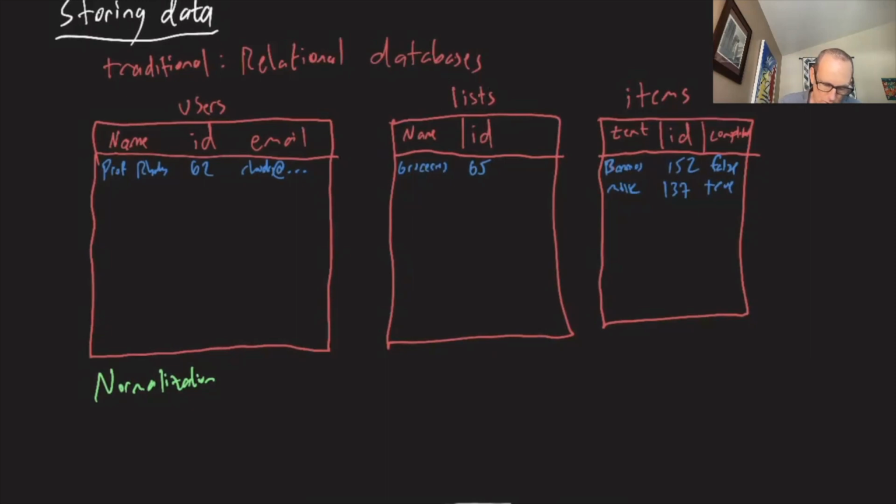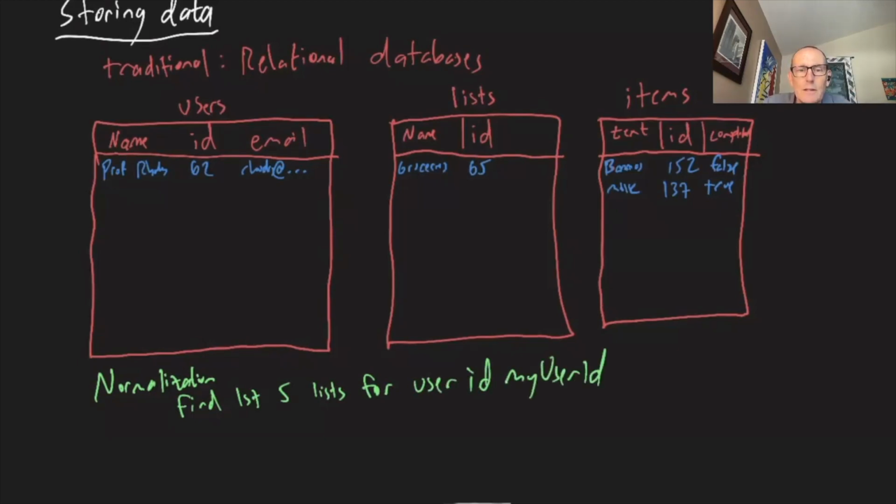Let's say we have a goal, which is to find the first 5 lists for my user ID. There is a special language for doing this called SQL, structured query language.